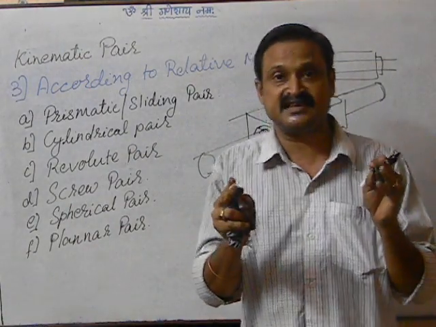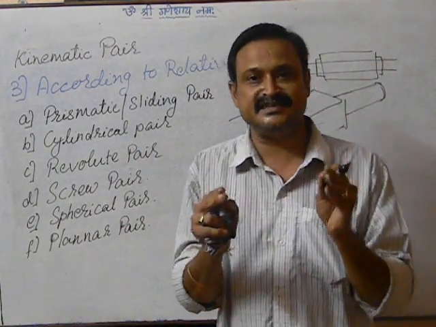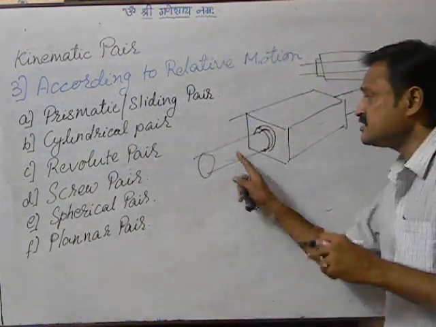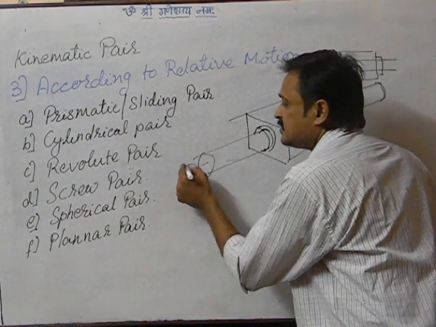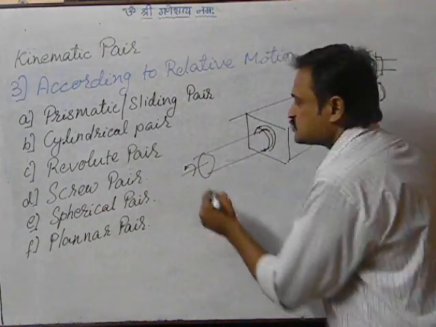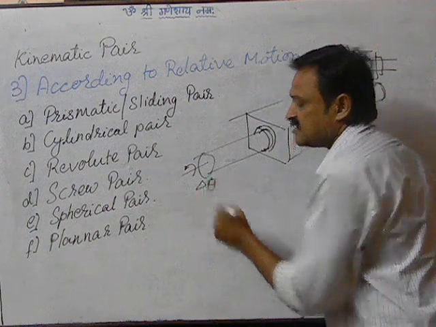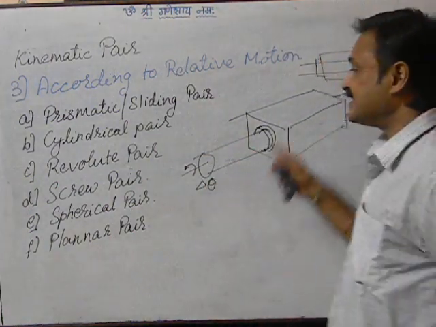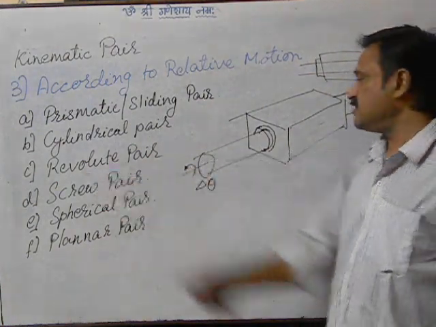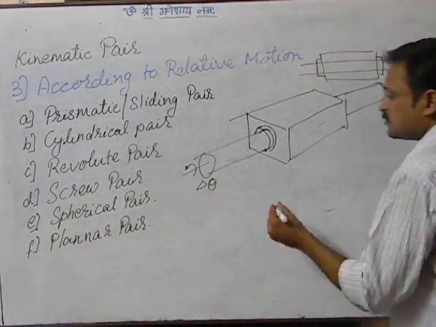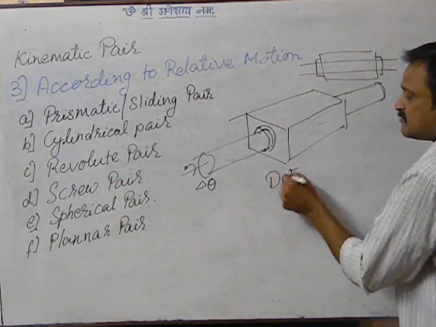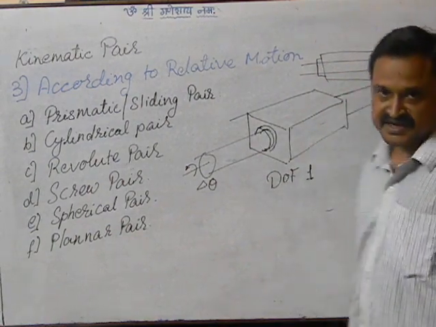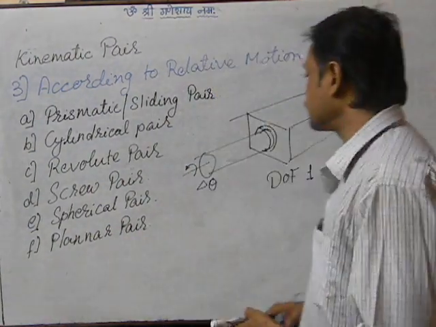So I have restricted the sliding motion in this case. This member can only turn about its axis. So it has only one variable, let us say delta theta, to explain its motion, and this forms a revolute pair. In case of a revolute pair, what will the degree of freedom be? Only 1. The degree of freedom will be 1 for this pair.